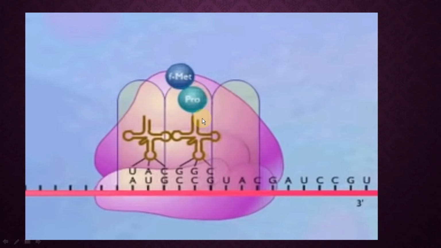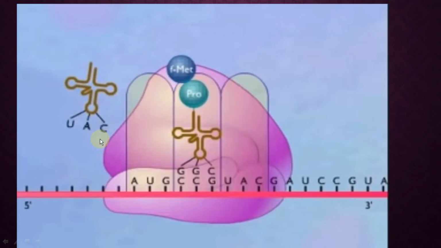The tRNA which releases its amino acid gets released from the E site. See how it is releasing. This empty tRNA gets released and goes again into the cytoplasm in search of another amino acid.